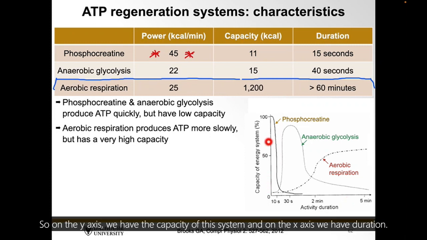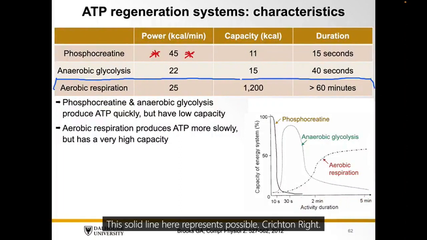So on the y-axis, we have the capacity of the system, and on the x-axis, we have duration. This solid line here represents phosphocreatine. So it has the ability to produce ATP really, really quickly, but within about 10 to 15 seconds, its capacity is down to 0.